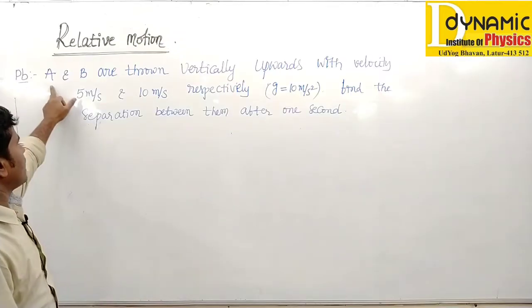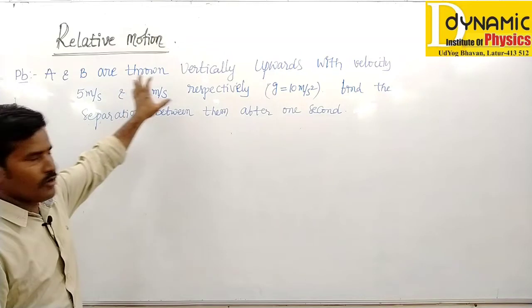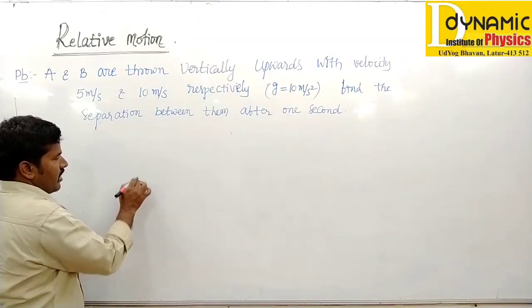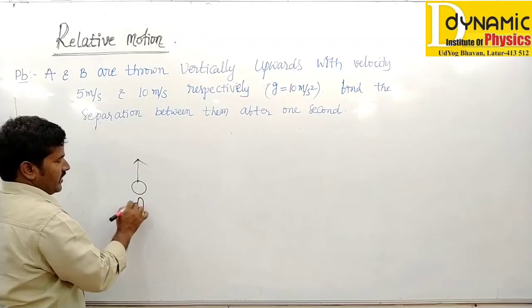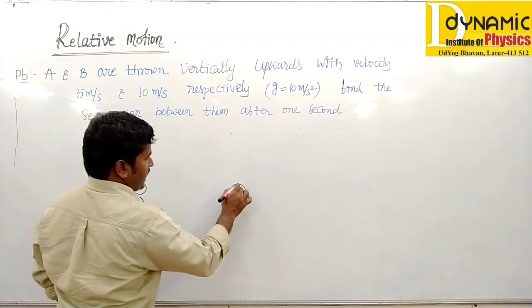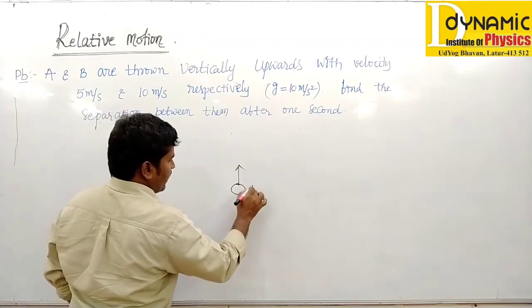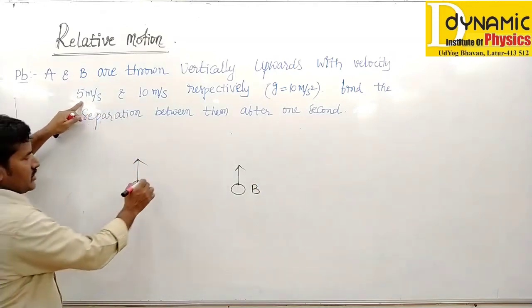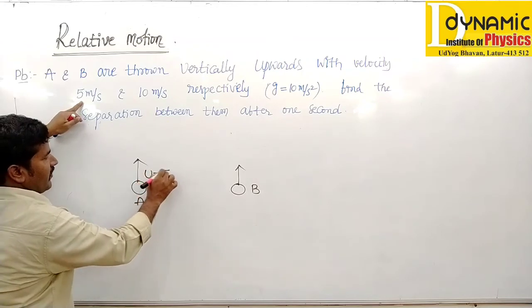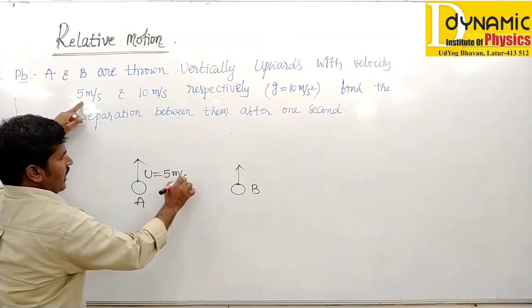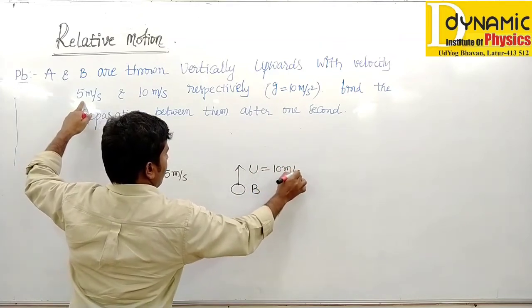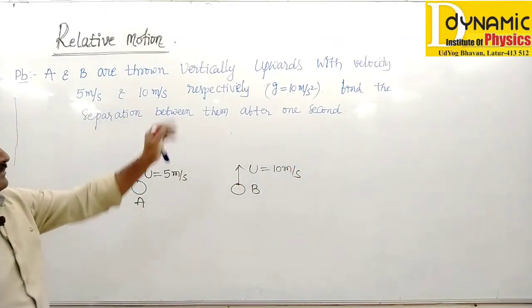Second problem: A and B are thrown vertically upward, but their initial velocities are given as 5 meters per second and 10 meters per second respectively.